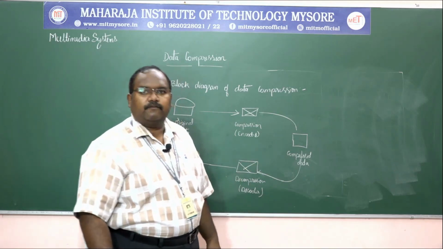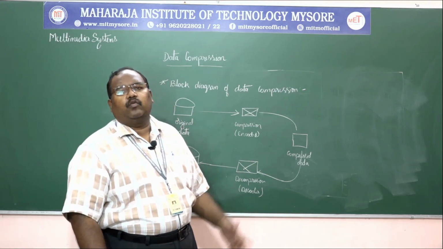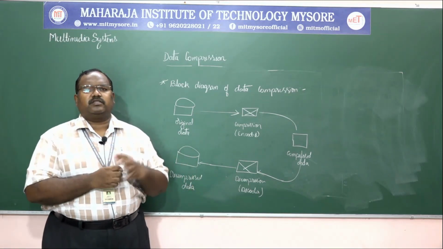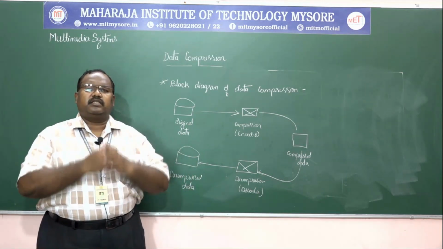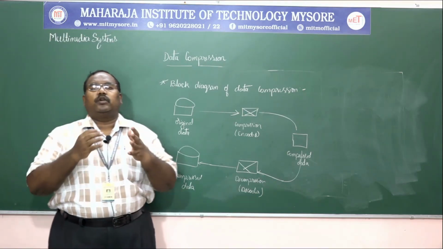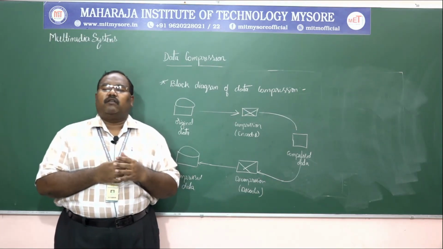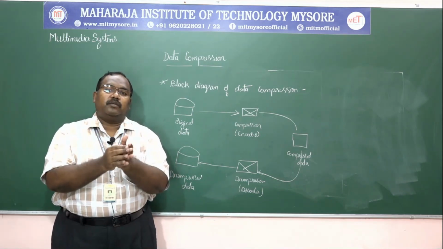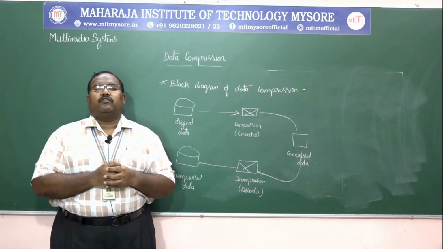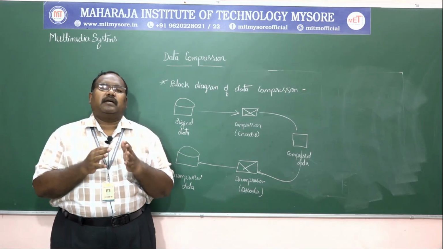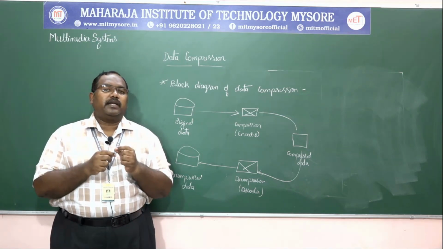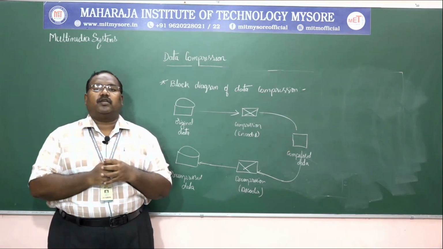These are the things I wished to discuss in this session. So, summarizing, let us recall what we have discussed. We have discussed what we mean by compression itself. We have discussed the difference between general compression and data compression. We have seen why data compression is very important, what is meant by data compression and how it works.